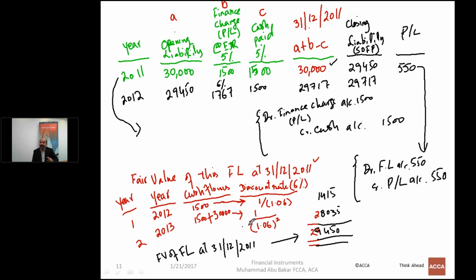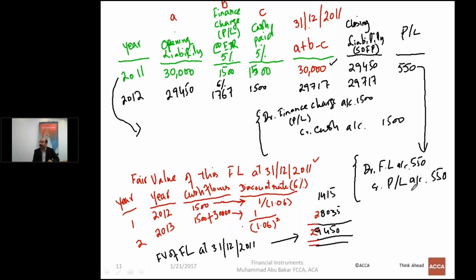Then calculate the difference between the carrying value of that liability, which is in this case 30,000, and the fair value you calculated using the new market interest rate. This difference will be sent to the profit and loss account. Why do I use the word sent?